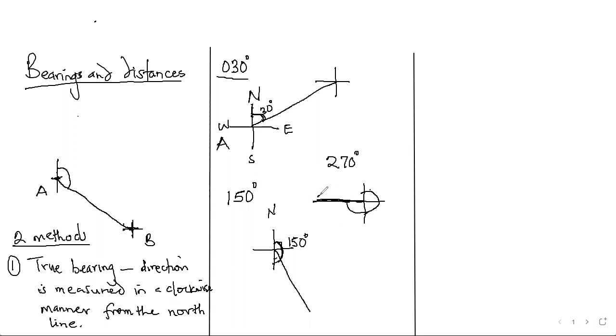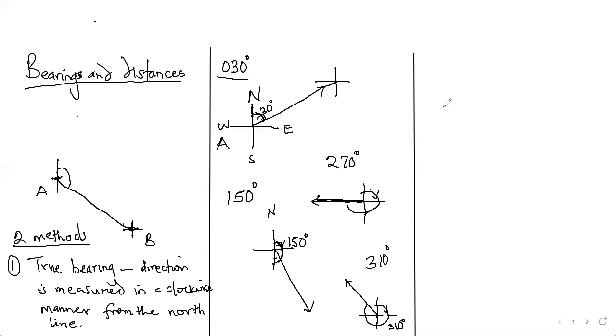If I want to locate 310 degrees, for example, this is 90, 180, 270, and 310 should be here. What is important here is that you measure the angle from the north in a clockwise manner. Let me put arrows to show that. We measure the angle from the north in a clockwise manner.